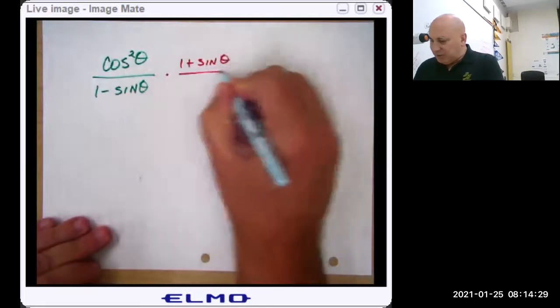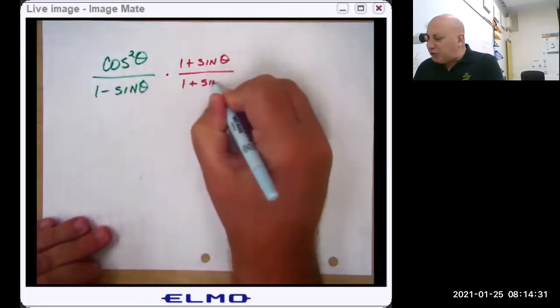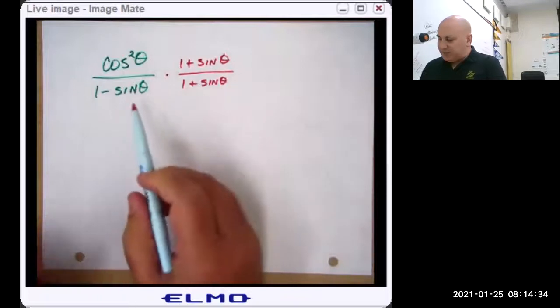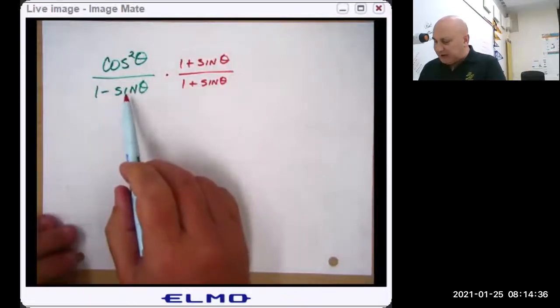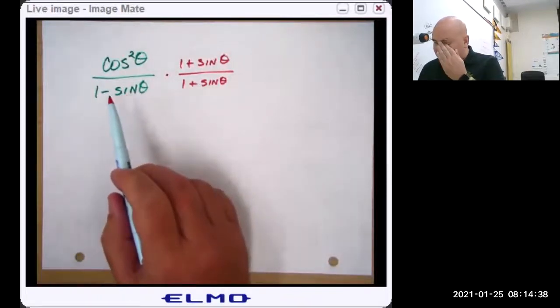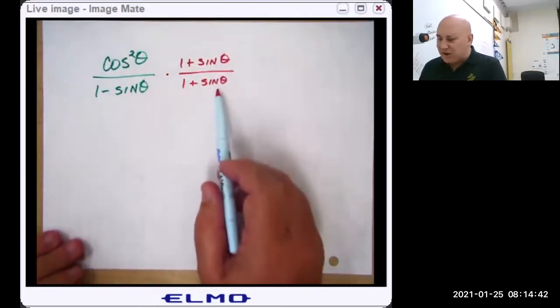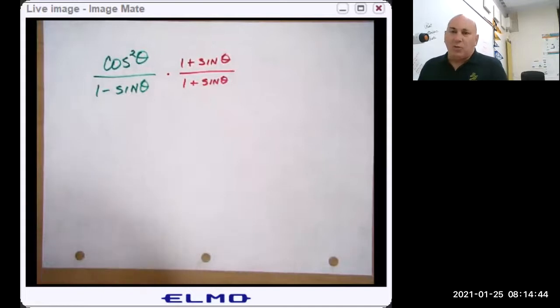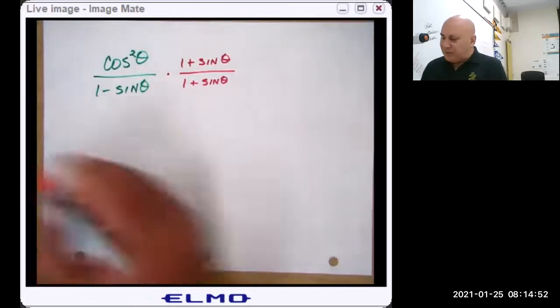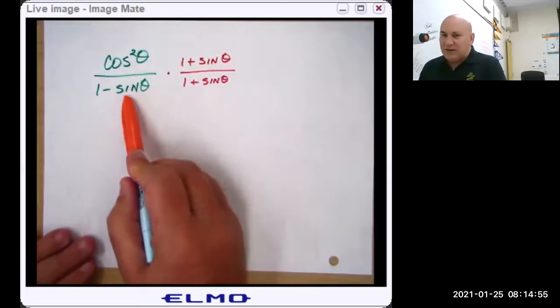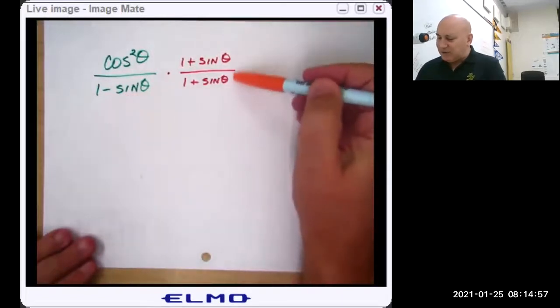And we know we can do that, or we know that we should do that, because whenever you see a 1 plus sine theta or cosine theta, 1 minus sine theta or cosine theta, you know you multiply the top and bottom by the conjugate, you're going to get 1 minus cosine squared theta or 1 minus sine squared theta. You can use the Pythagorean identities to substitute. So whenever you see something like this, it's not a bad idea to try this.